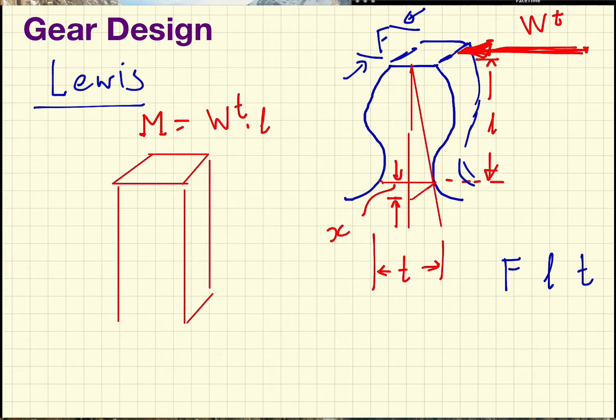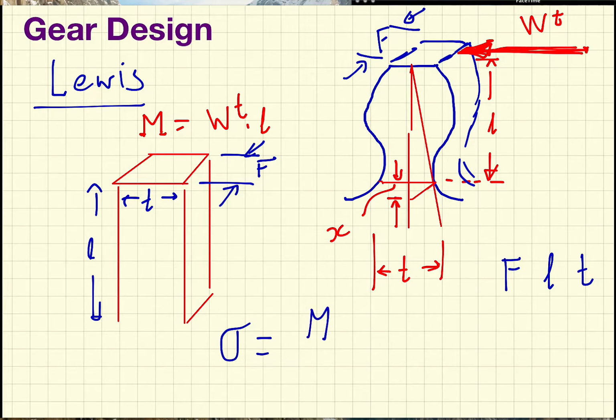So we have F here as the width, and thickness is t, and height is L. So the bending stress sigma is equal to the moment M divided by the second moment of area I, times c, which is the distance from the neutral axis to the top surface.